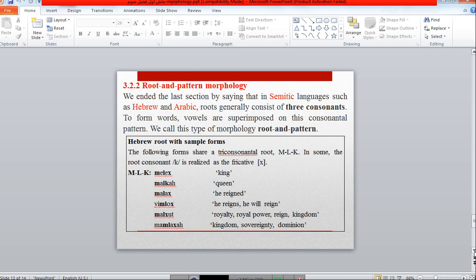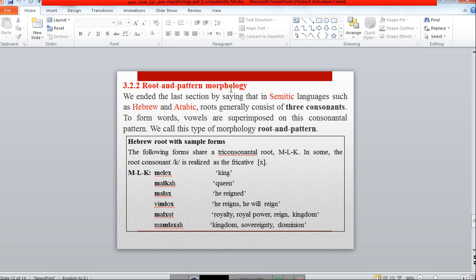This is the definition of phonotactic constraints. As you see, some languages have this kind of constraint, like English in nicknames. The other pattern which we use in some languages is root and pattern morphology.